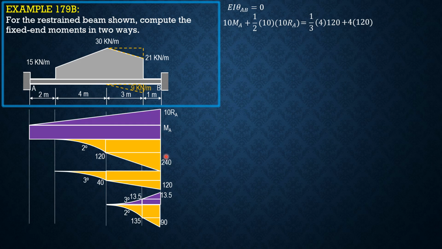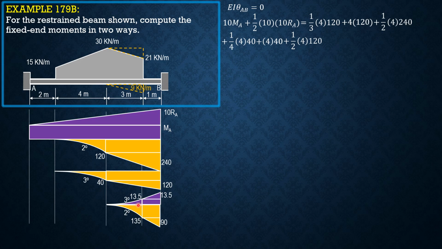For this triangle, 1/2 of 4 times 240. For this third degree curve, 1/4 of 4 times 40. For this rectangle, 4 times 40, the area. For this triangle, 1/2 of 4 times 120.